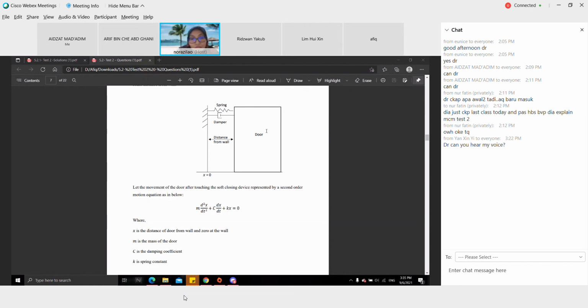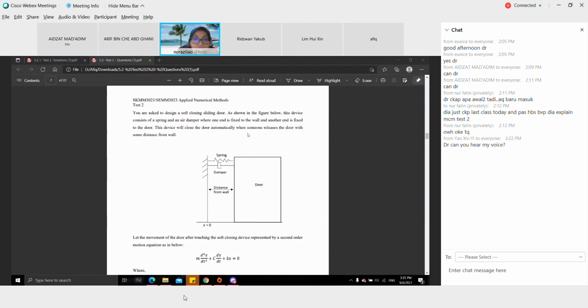Okay, tengok atas sikit. Tengok soalan atas dia. Dia cakap, you are asked to design a soft close sliding door. This device consists of spring and air dampen, where one end is fixed to the wall and another end is fixed to the door. So dua-dua ni fixed.